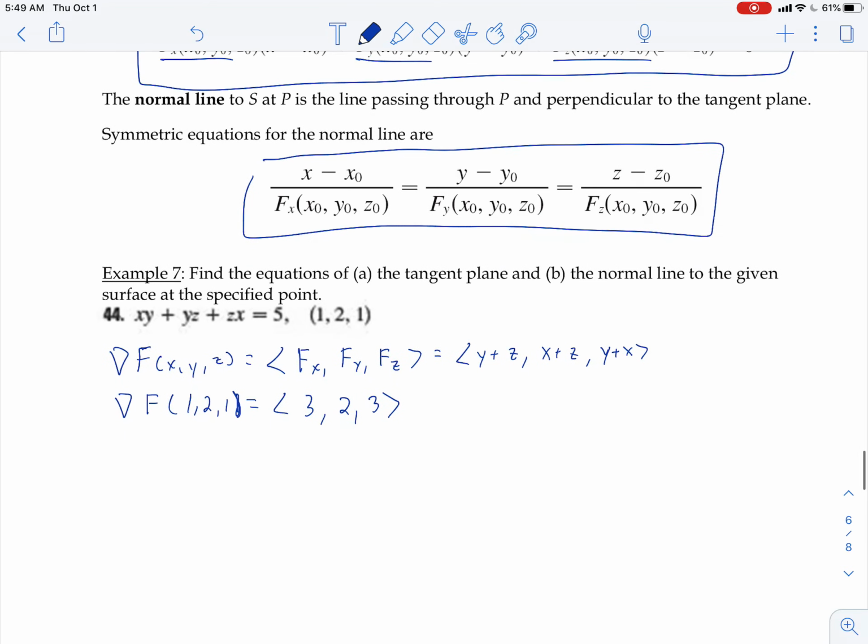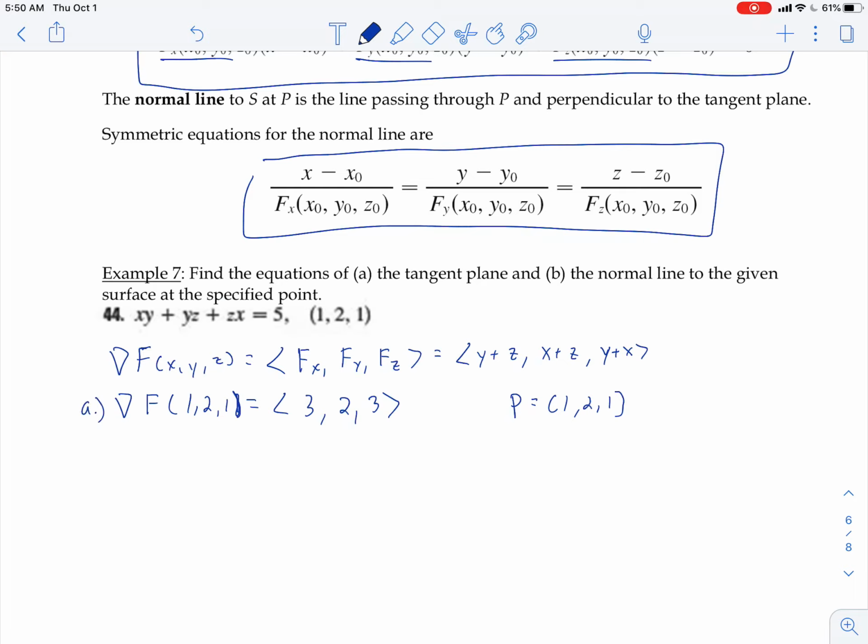So there's my gradient of f, and that is going to be my normal vector for the tangent plane at the point 1, 2, 1. Now I have everything I need to write the equation of the tangent plane.